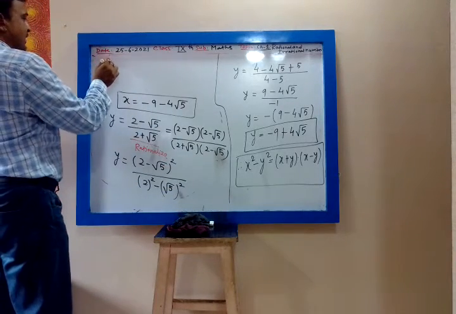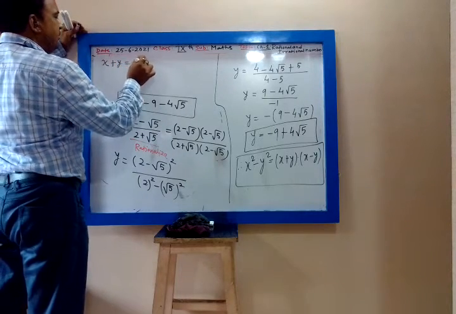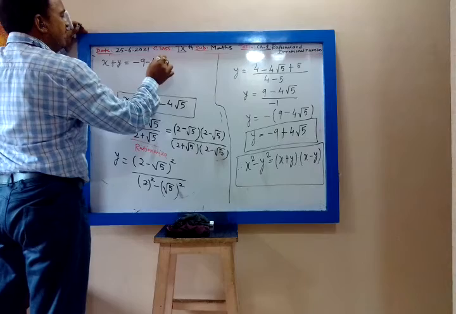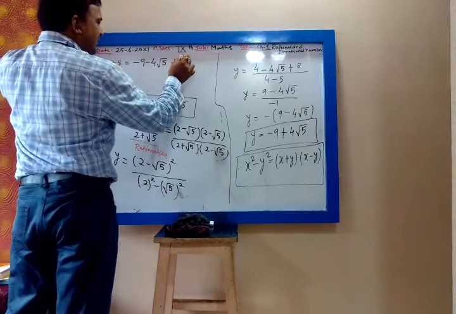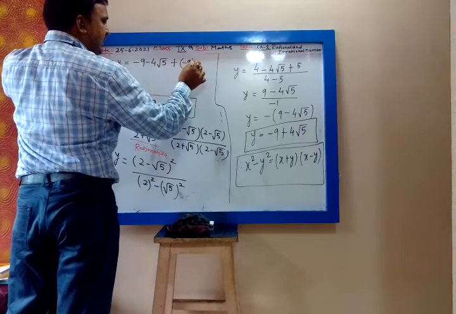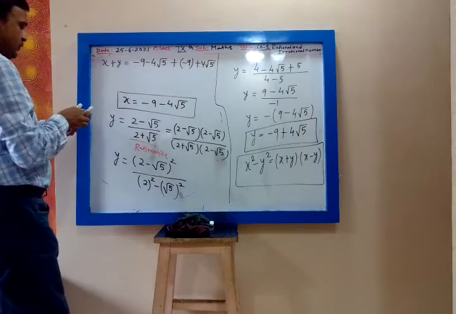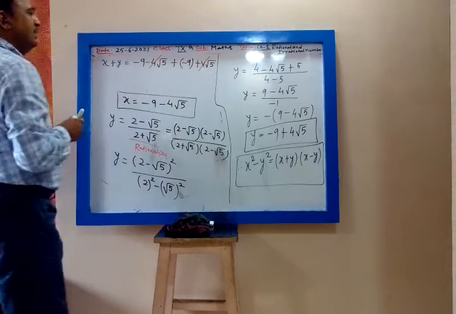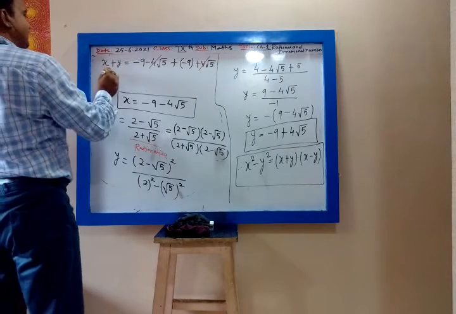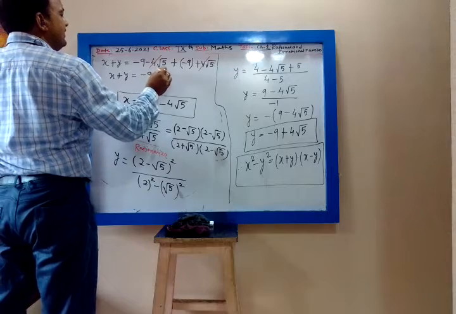So what is x plus y? X is minus 9 minus 4 root 5 plus y. What is y? Minus 9 plus 4 root 5. Now minus 4 root 5 gets cancelled with plus 4 root 5, and what is left? X plus y will be minus 9 minus 9.